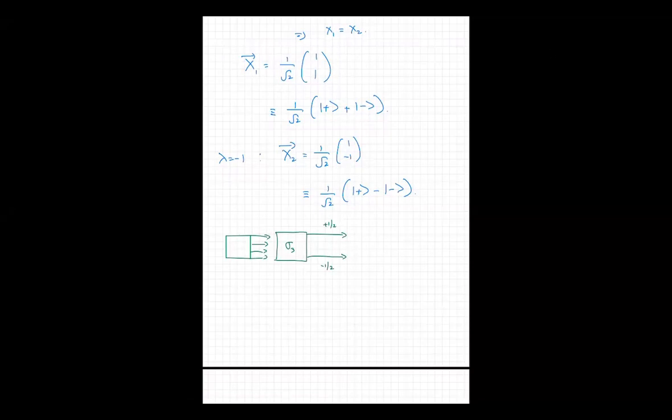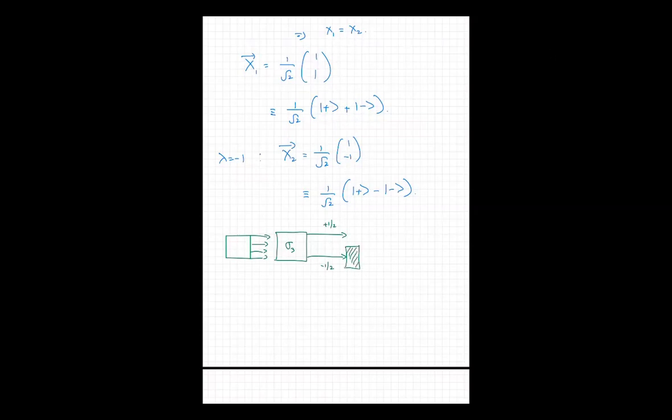These are the only two possible results of the sigma 3 measurement on a general sample, because those are the only two eigenvalues of sigma 3, and quantum mechanics tells you that the only possible results of measurement are the eigenvalues of the operator that is being measured. Now let us do the same trick that we usually do in these types of thought experiments. Let us block this beam.